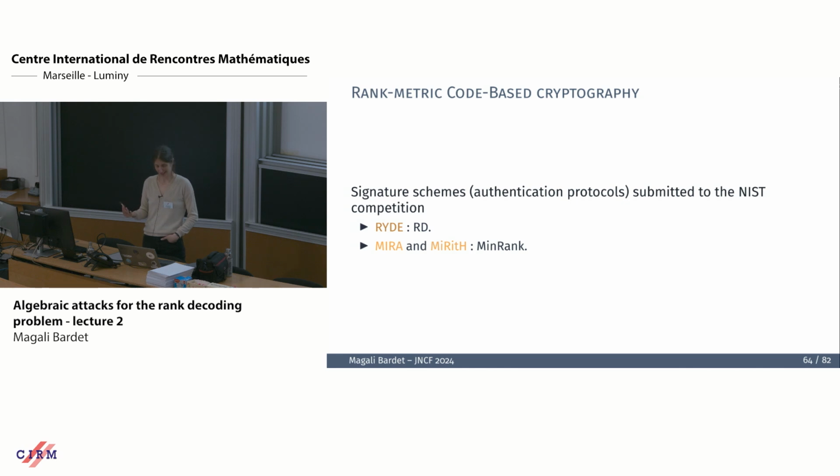So what I will present today is an algebraic analysis of this problem. That is, how can we evaluate the complexity of solving the rank decoding problem or the min-rank problem. And this allows us to fix parameters for these schemes to achieve some complexity.